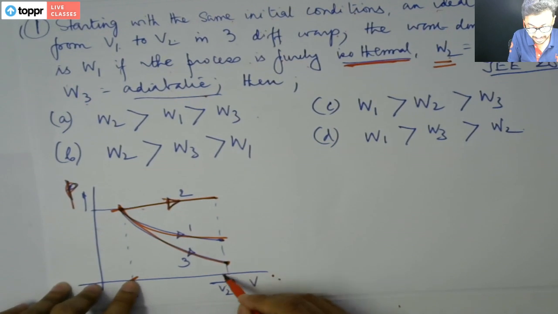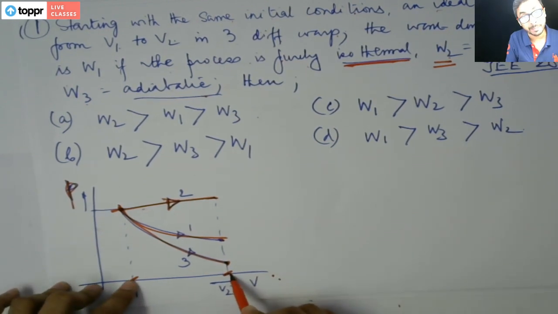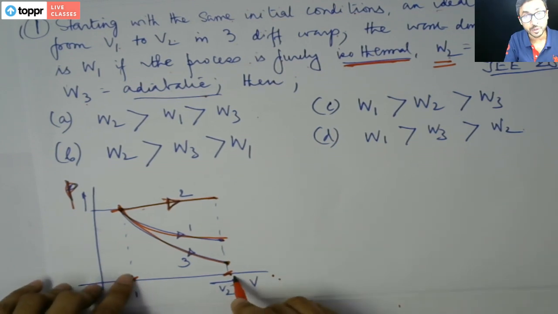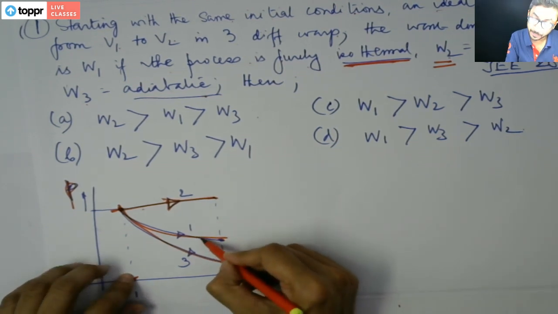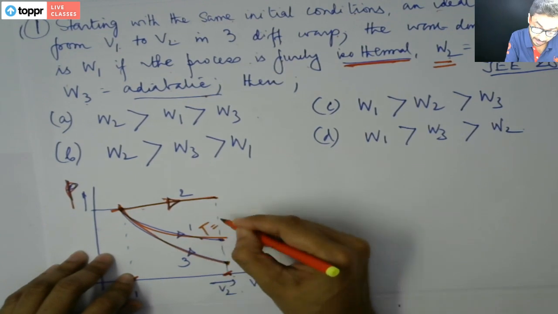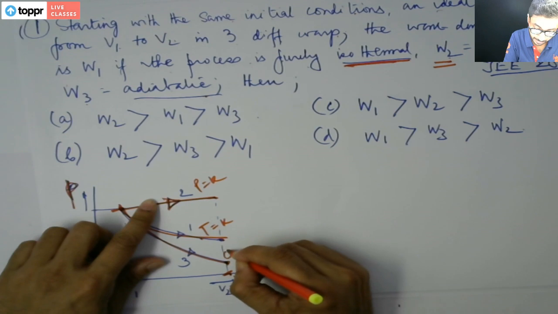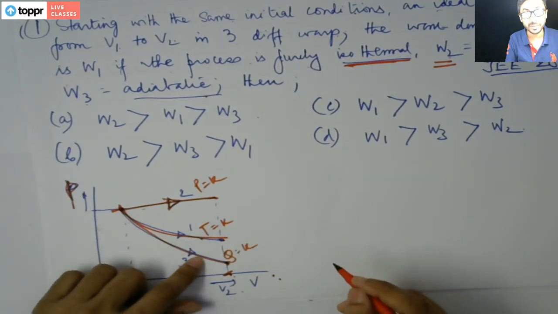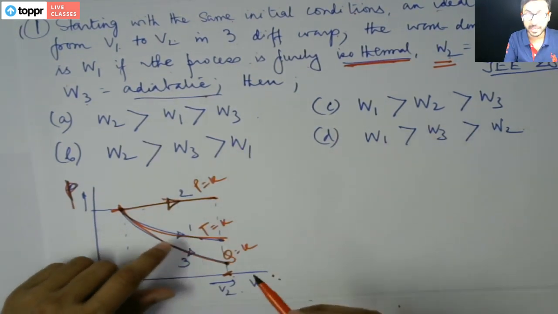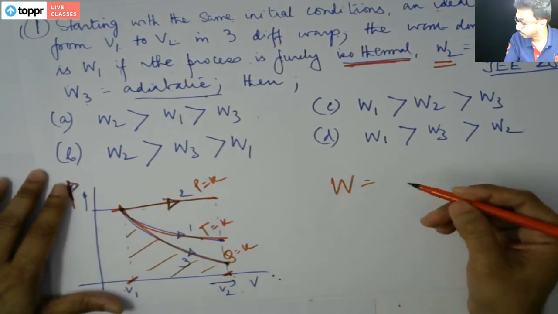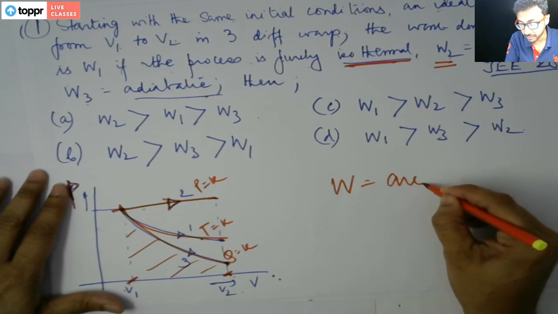See, the end points V1 and V2 are the same. The gas is expanding from V1 to V2. One is isothermal, this is isobaric, this is adiabatic. Now work done is nothing but the area under the graph.